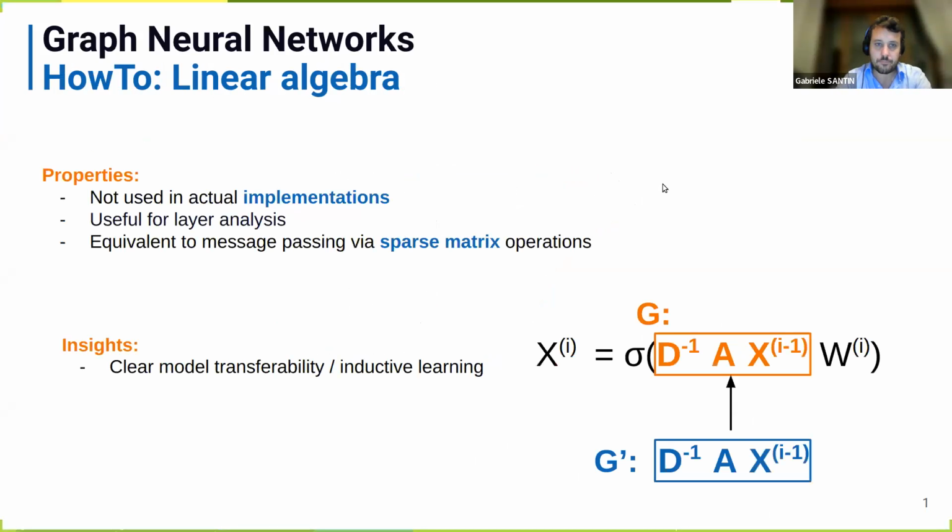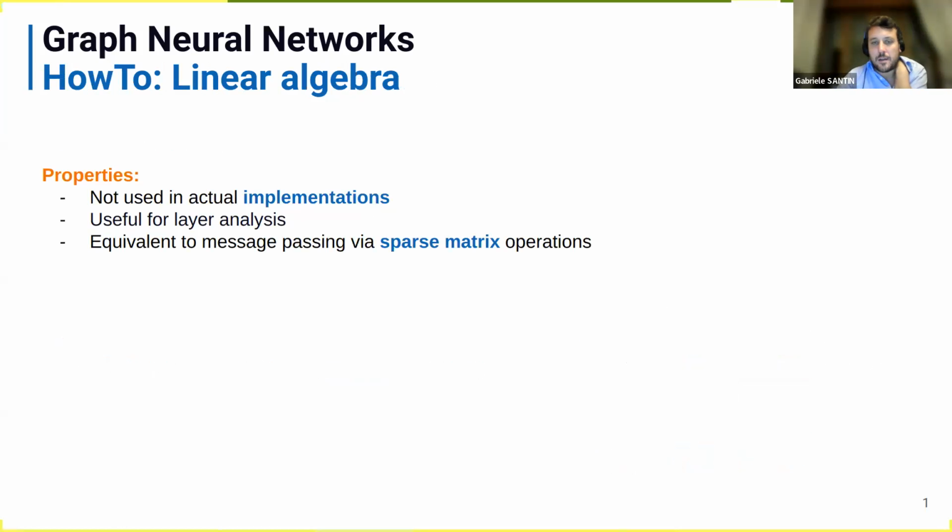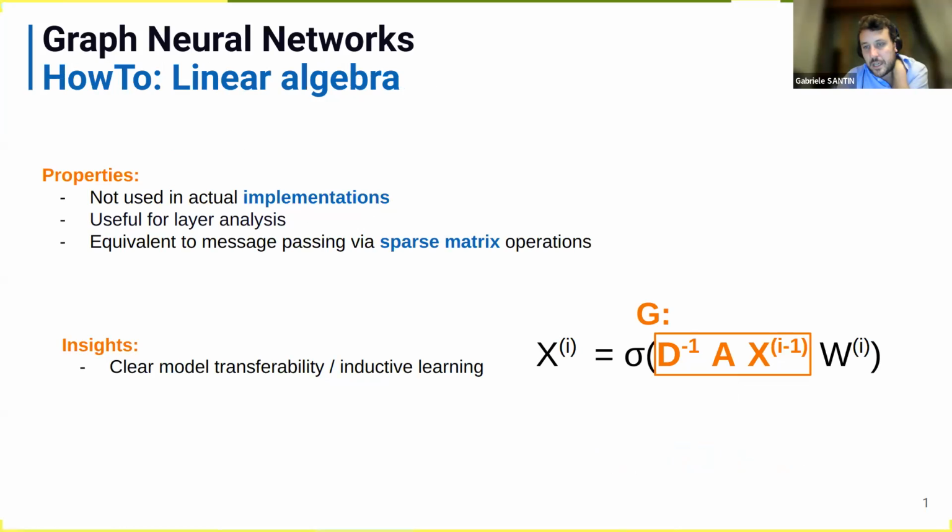Okay, that's it about the general structure of the message passing or GNN layers, and now I would like to end this first session by going through some main types of layers. As I mentioned, this was just a prototype layer, which implements local aggregation by averaging.